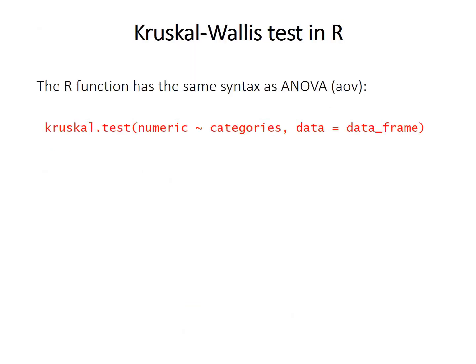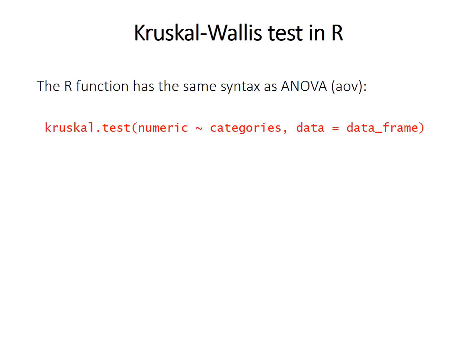So our syntax for the Kruskal-Wallis test is basically the same as ANOVA. The function is called kruskal.test, and you enter the column name that contains your numeric data and the column name that contains the categorical grouping factors as a formula with the little tilde symbol, meaning like as a function of. So we want to know, do the numeric data vary as a function of the category that they're in?